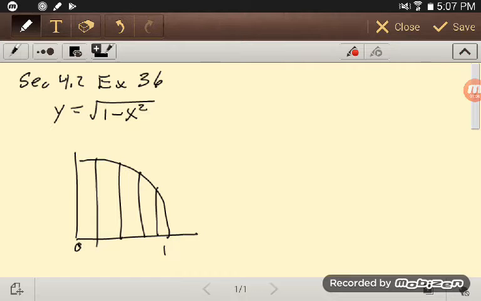And so a lower sum would come from the right-hand side of all of these. That would be a lower sum. Okay, so the lower sum, or lower bound, would be our sum.